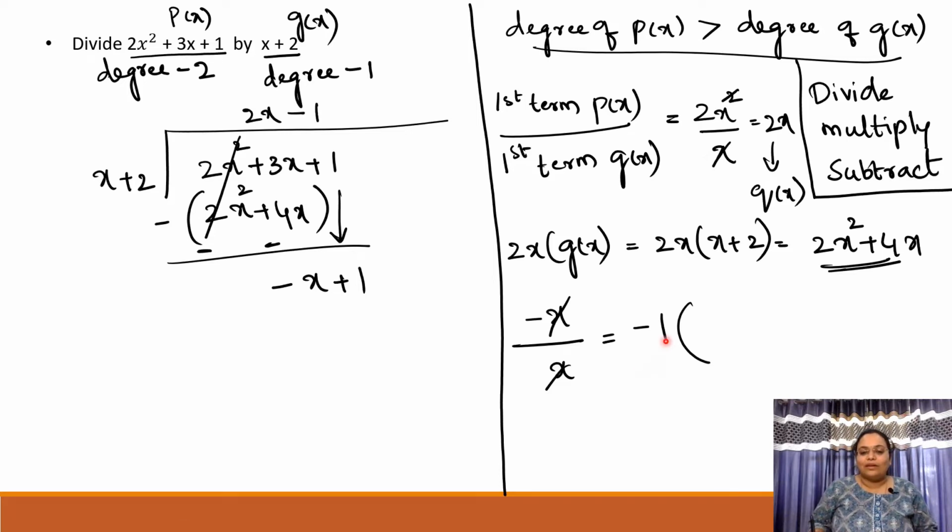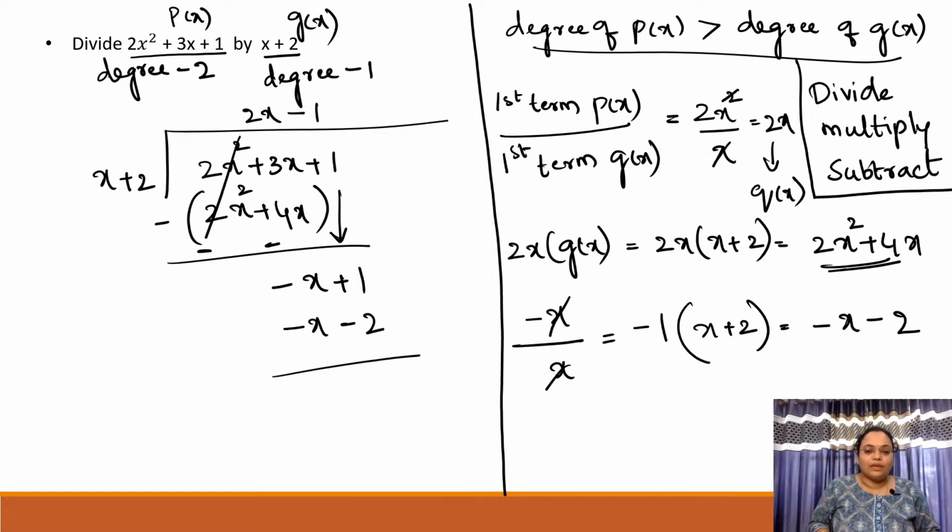And now we will multiply minus 1 with g of x, which is x plus 2, which becomes minus x minus 2. So let me take the whole thing here, which is minus x minus 2. Now again we need to subtract, right?